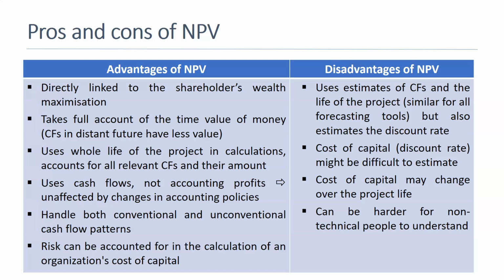And as a result, the actual net present value of the project might change after we've committed to this. And the final issue with this is that it's slightly harder for non-technical people to understand. It's not as obvious as the payback period or accounting rate of return. These are advantages and disadvantages. Nevertheless, you need to know that this is one of the most popular and widely used methods of investment appraisal.